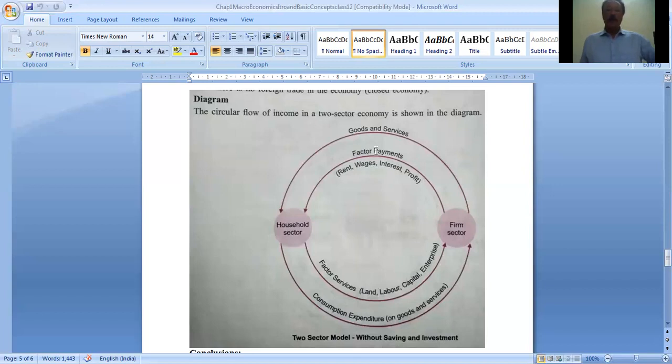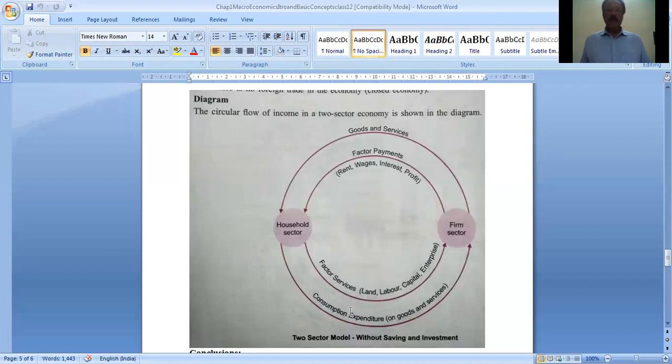Now, when factor payments are received by the household sectors, they spend this amount on consumption expenditure.